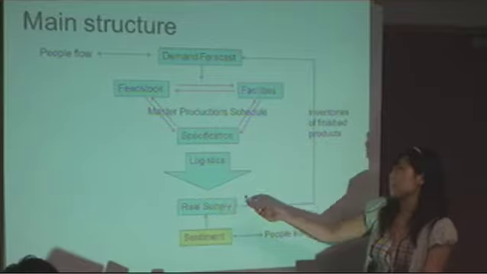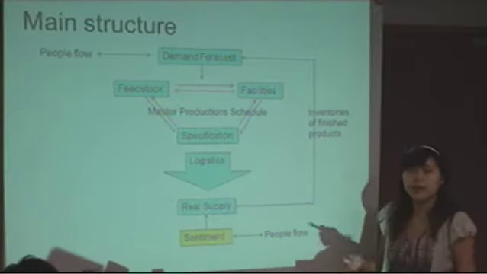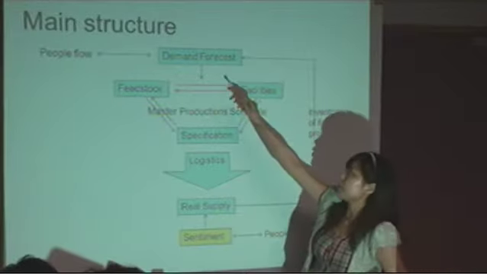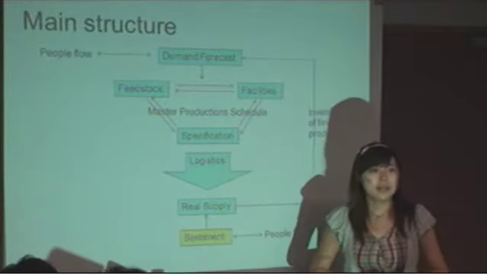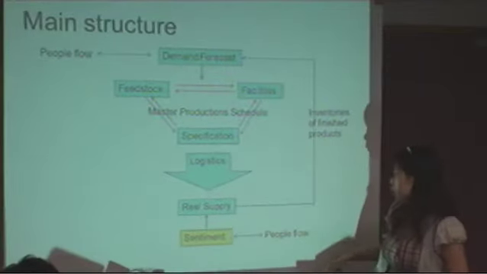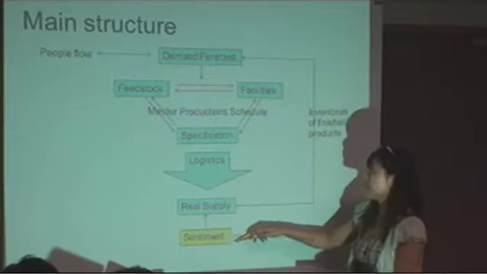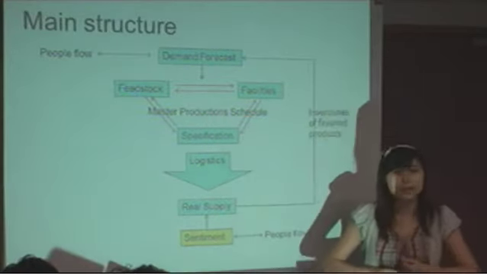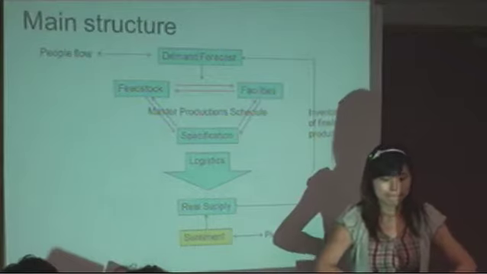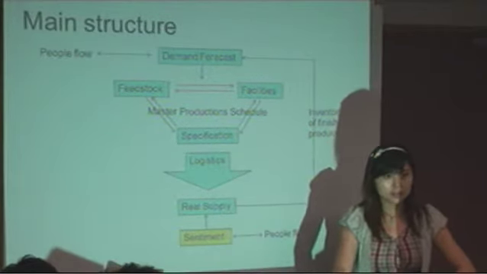Depending on the real supply, the government or the social insurance will plan another demand forecast next. It's just like a cycle, but we cast a lot of sentiment into this system. That's all.